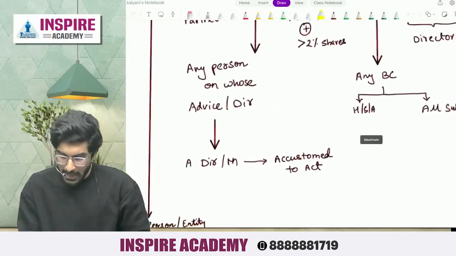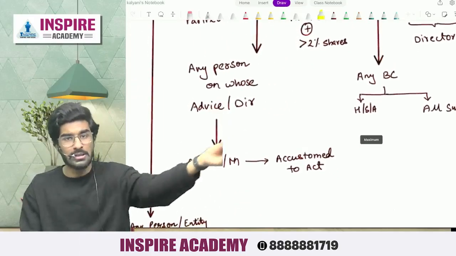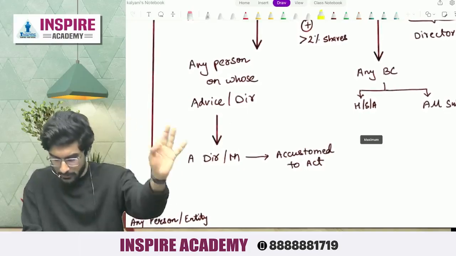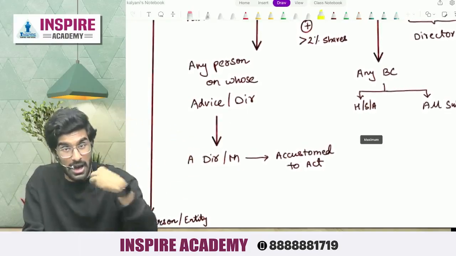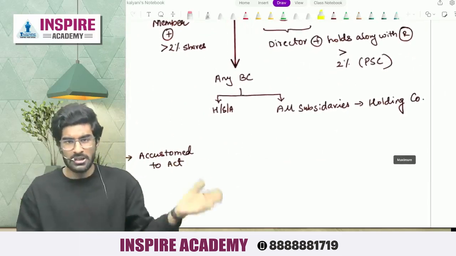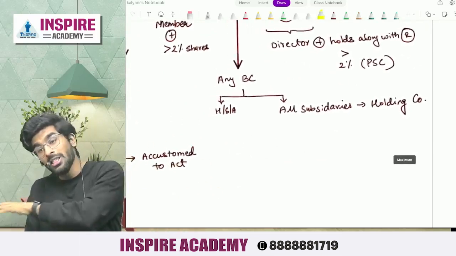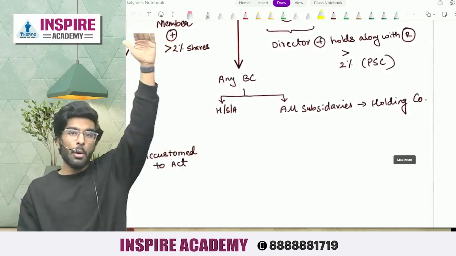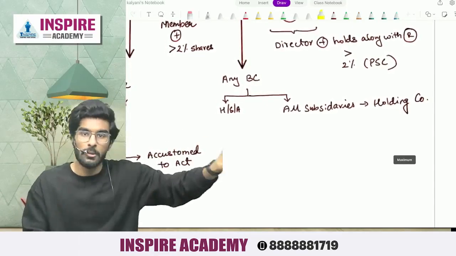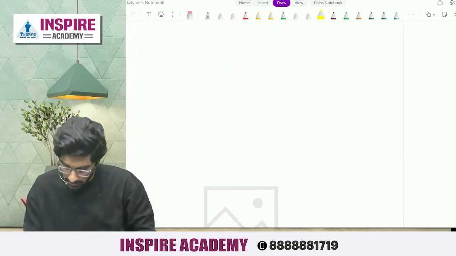Next is, people, any person on whose advice or directions the corporator is accustomed to act. Okay. Next is any body corporate, holding, subsidiary, associate, or all the subsidiaries of the holding company. Step subsidiaries. Everyone will be called as a related party.